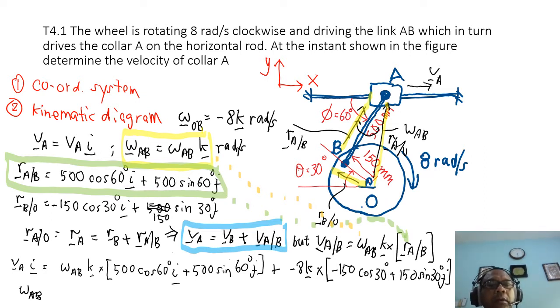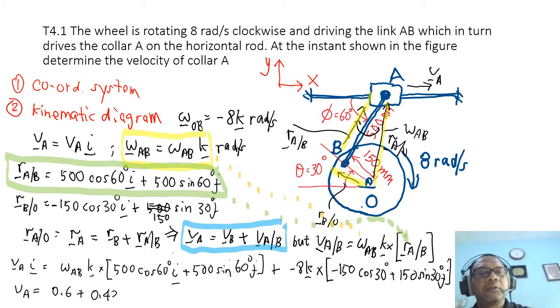So let me clear this. If you do the i part, you will get VA equals 0.6 plus 0.433 omega AB. This is for the i part.